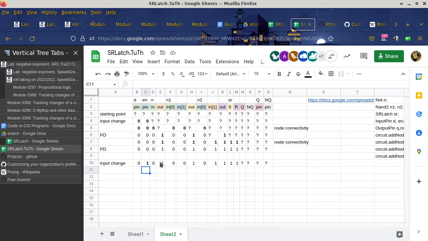So once again, the first thing we do is we use node connectivity to figure out what else is going to change to 1 because of the electrical connection between the ports. This is in blue, so everything else that is in blue will also get the 1 automatically, like so. And then that's the end of it.